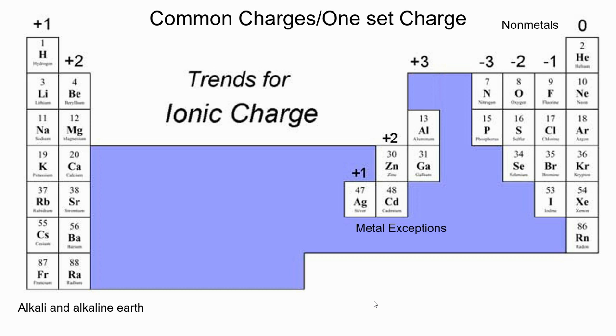So we can't say for sure iron is always going to be iron 3. No. Iron can be iron 2, iron can be iron 3. Vanadium can be like 3, 4, 5, 6. So the transition metals, they don't have a common charge. These are the only elements that have a set charge. Every time you see them in an ionic compound, they'll be this charge.